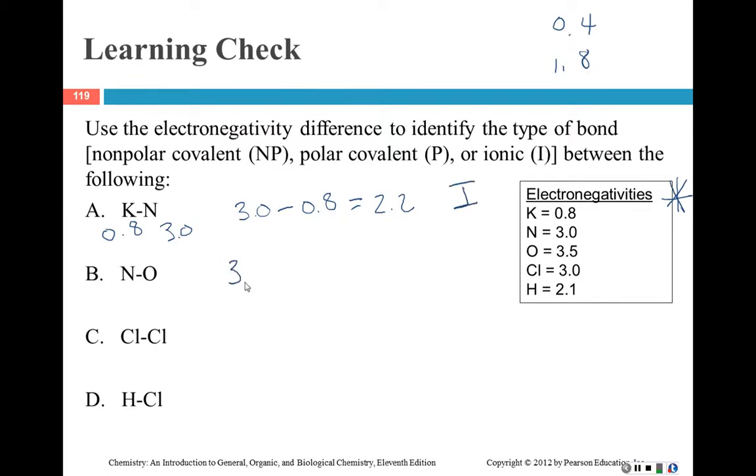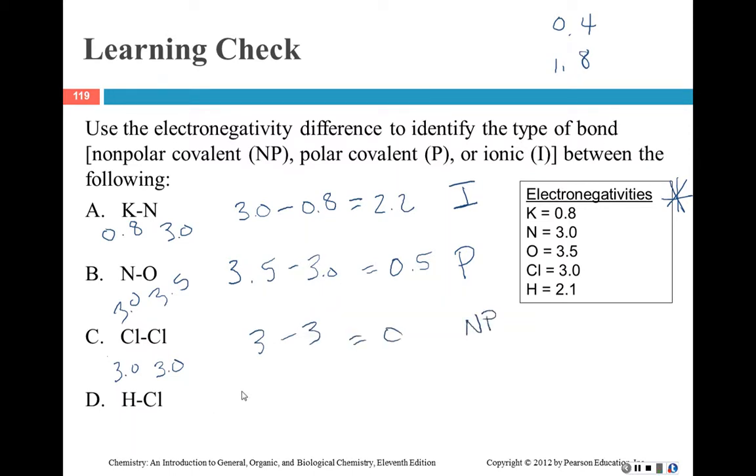Nitrogen 3, oxygen 3.5. So 3.5 minus 3.0, the difference is 0.5, so that's going to be what? Polar covalent, yes? Cl and Cl, it doesn't even really matter what their electronegativities are because they're going to be the same, but they are 3 and 3, and so 3 minus 3 is what? 0, so that's going to be a nonpolar covalent bond.